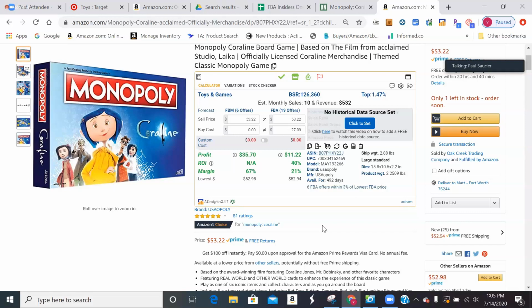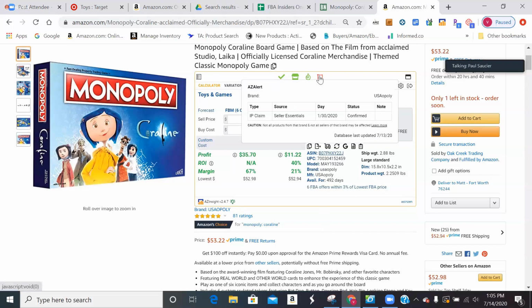Let me point out, AZ Insight has this little red flag up there at the top. That is a crowdsourced IP claim. That was on 1/30, January 30th. So take that with a grain of salt. Obviously, many people sell Monopoly all day long.